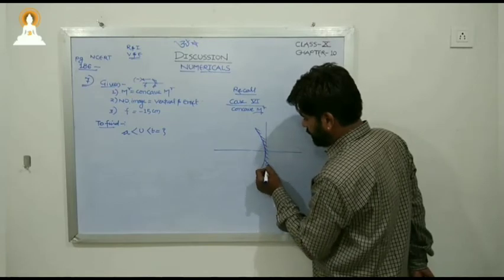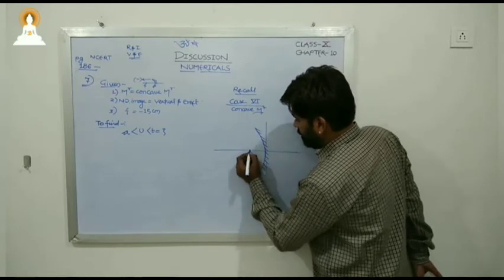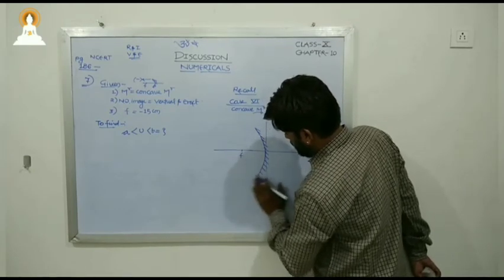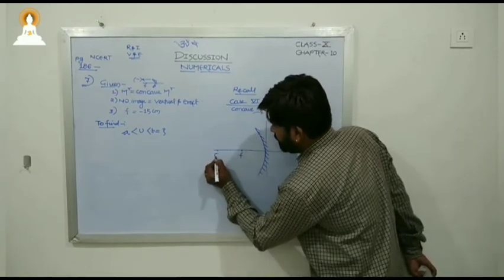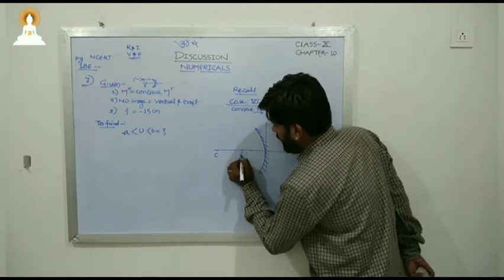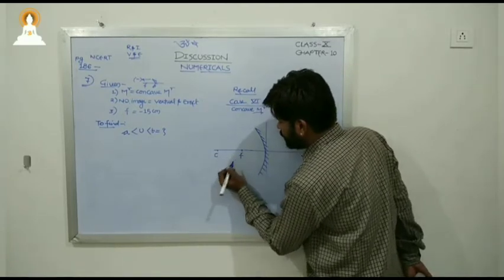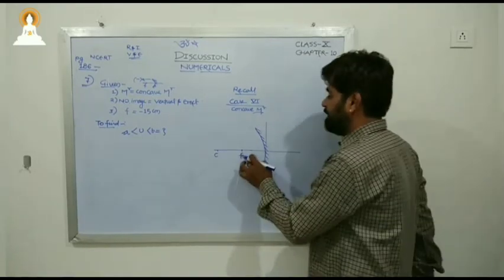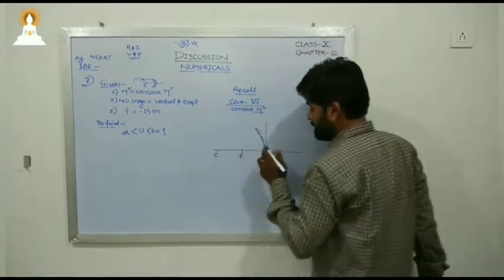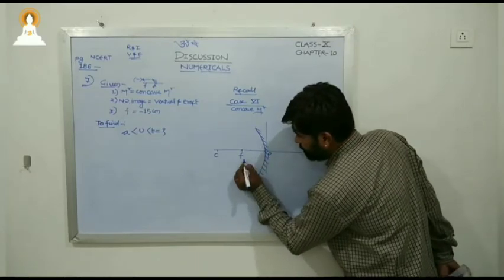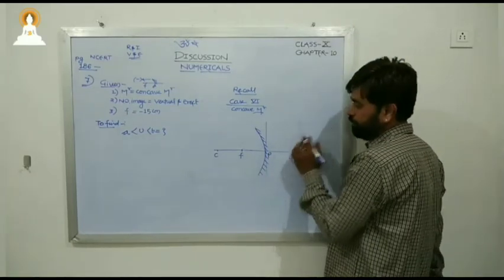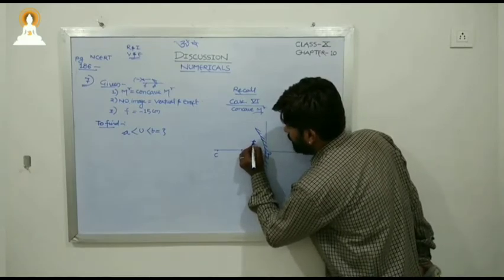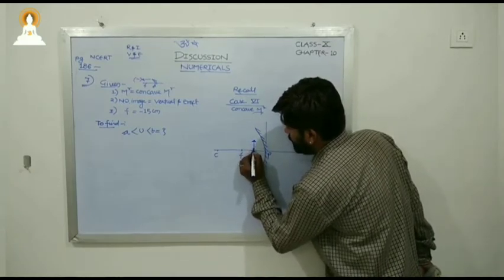This is a concave mirror with a focus and a center. When the object was at the focus, we had the image at infinity. But when the object was between pole and focus, we always had a virtual image.